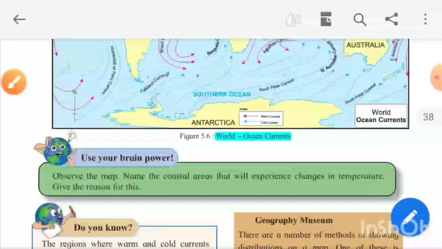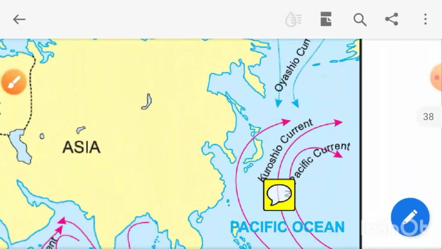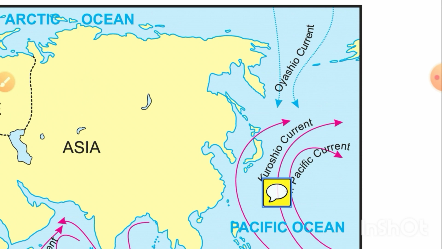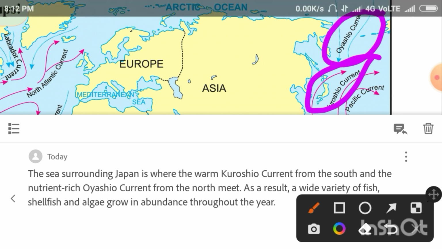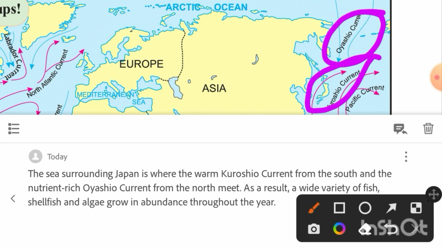So you can see here, the Kuroshio current. It is a warm current which is going from south towards the north, and the one which is coming from north towards south is a cold current. You can see it's in blue color, so it's a cold current.